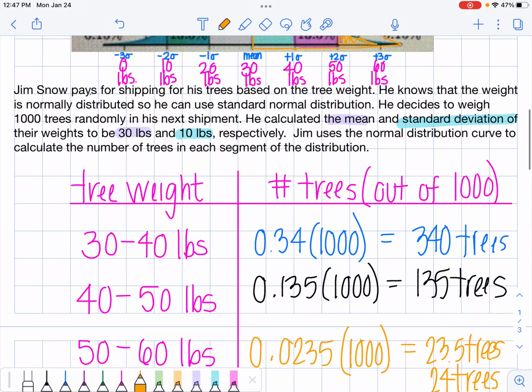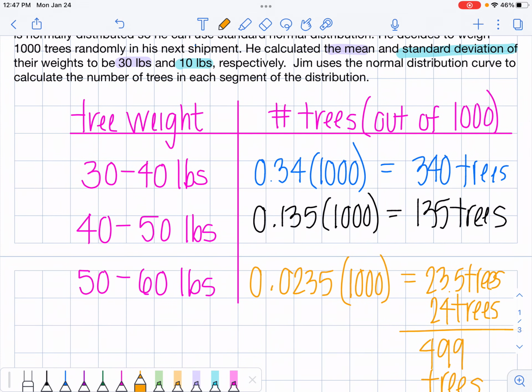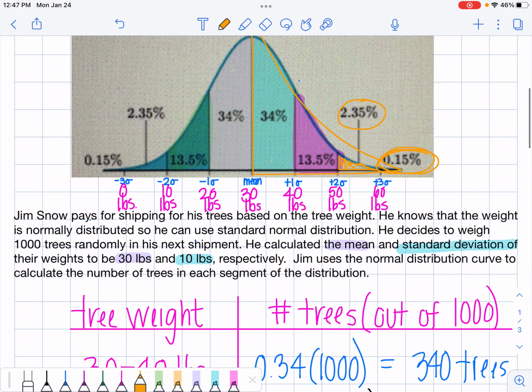You might say, well, why doesn't it equal 500? Because there's this one up here that we didn't look at, it didn't ask us for. Between 60 and 70 pounds, there's 0.15%. So there's going to be that one tree that weighs between 60 and 70 pounds. Now I'm looking at this and it makes sense that I have 500 trees in this upper half, because I have a total of 1,000 trees, and I have 500 trees below this half also.